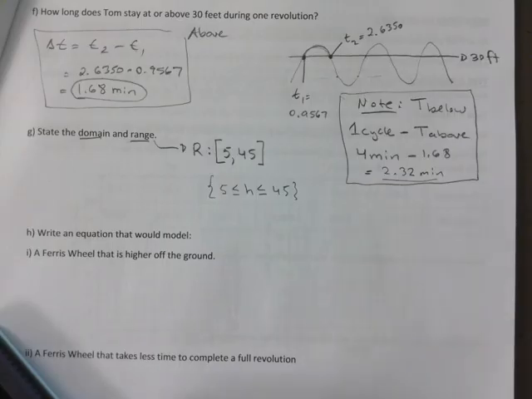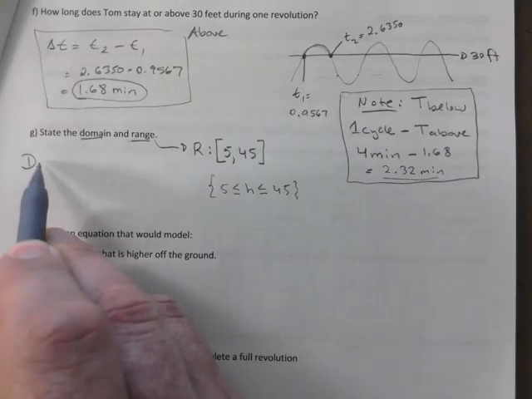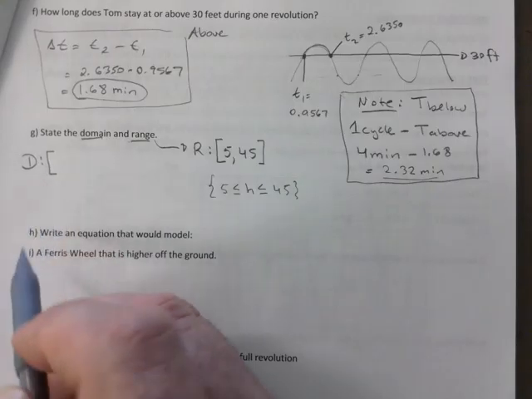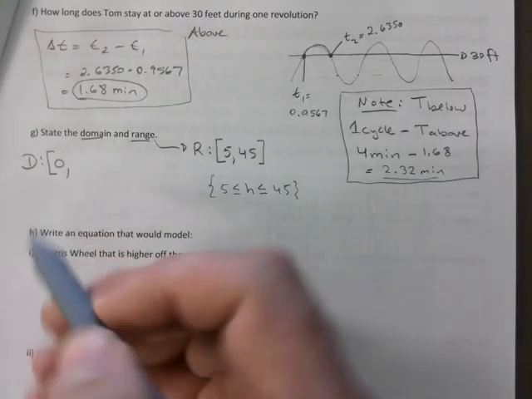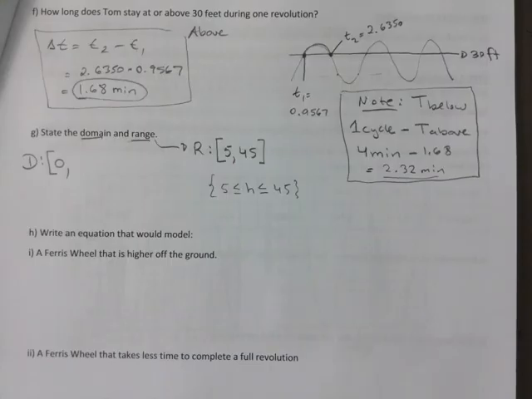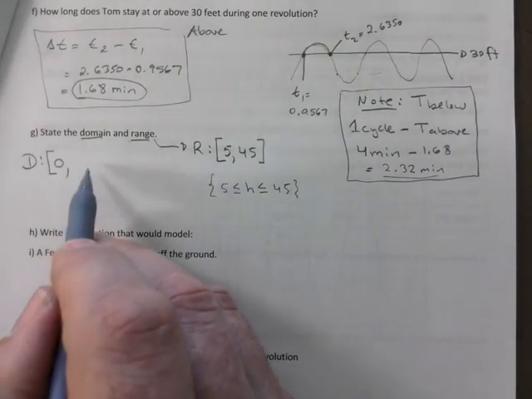For domain, it's going to be a little different. The ride starts at time 0. And how long does it go for? 5 revolutions, right? So not 4 minutes. That'd be one revolution.